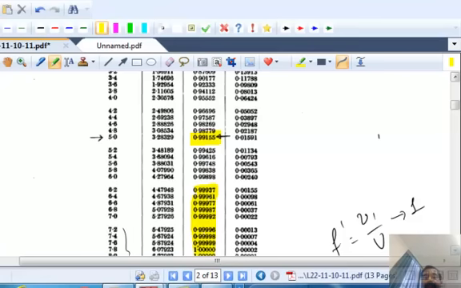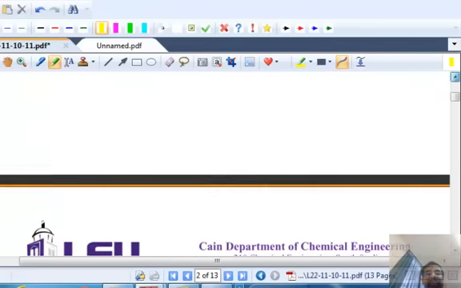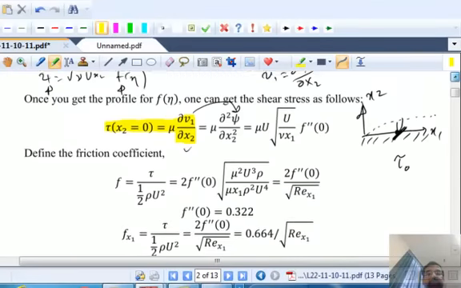Now the third column gives you f double prime. What information does it contain? Physically, f contains information about the stream function, because psi is equal to square root of nu u x1 times f, as I showed here.